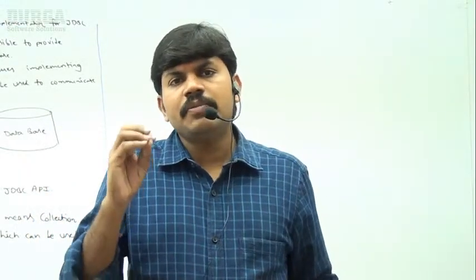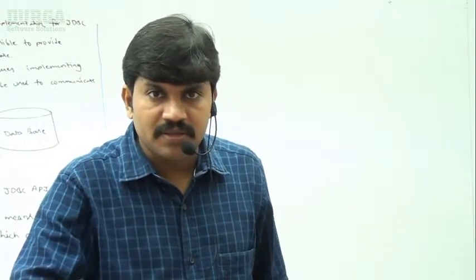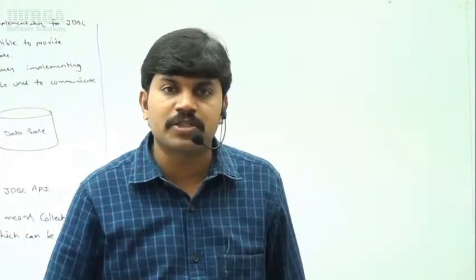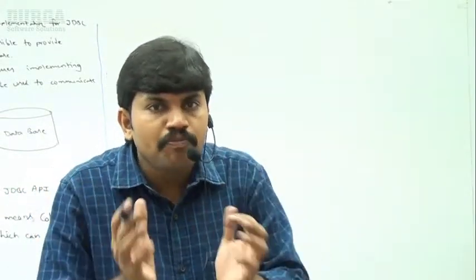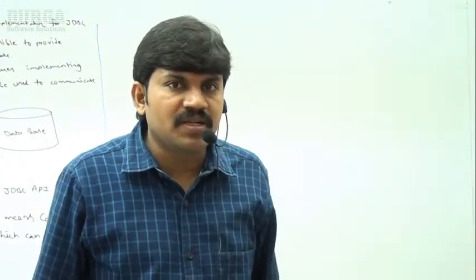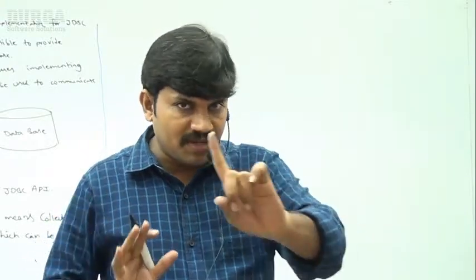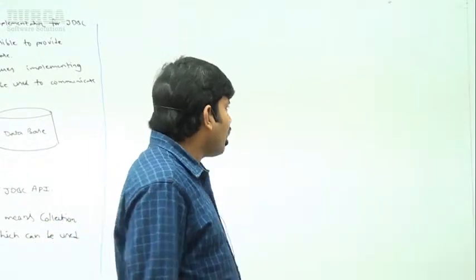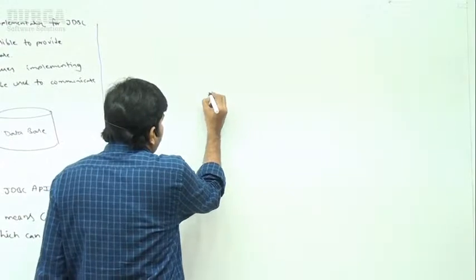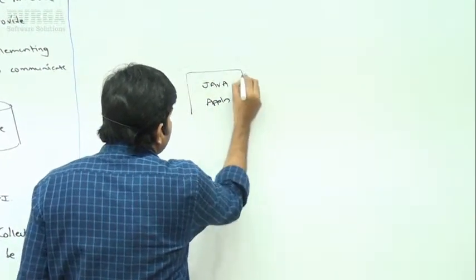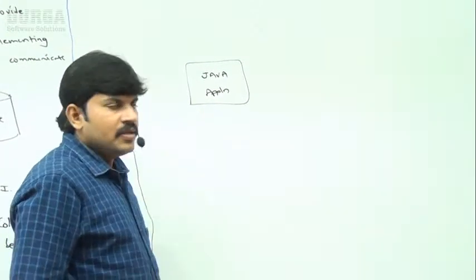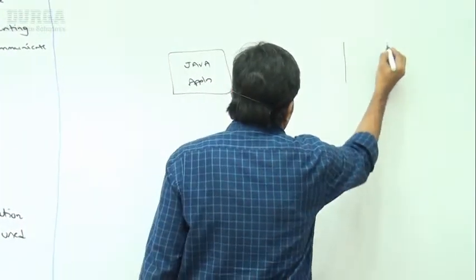Now, for the JDBC API interfaces, the database vendor is responsible for providing the implementation. That collection of implementation classes is by default considered as driver software. Clear for all of you, right? Just have a look once, sir. I have one Java application, and I want to communicate with the database.